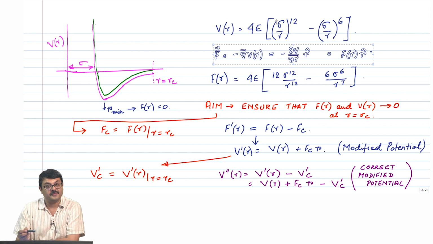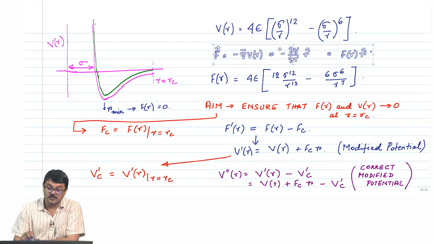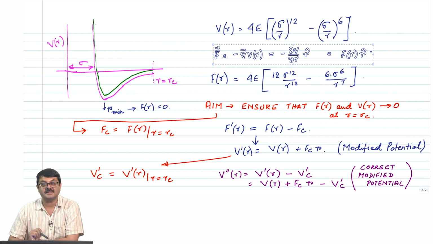What is f of r? You have to take a simple derivative with respect to r, and that is nothing but 4 epsilon, this remains the same, and you have to take a derivative of r to the power minus 12. But remember, the expression for the force comes with an extra minus sign. So, when you take the derivative, you would get 12 sigma to the power 12 upon r to the power 13 minus 6 sigma to the power 6 upon r to the power 7.